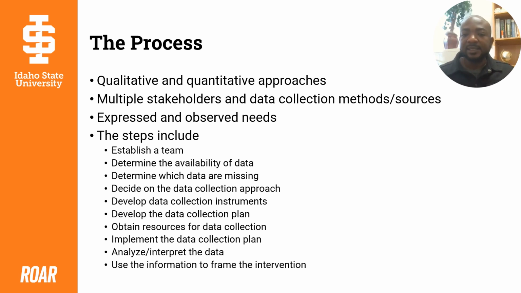Step 9 is to analyze and interpret the data. Interpretation and analysis of data that have been collected for a community assessment are determined by the type of data that has been collected. Quantitative data can be analyzed manually if the sample size is small, or by using computer-assisted mechanisms such as Microsoft Excel or SPSS.